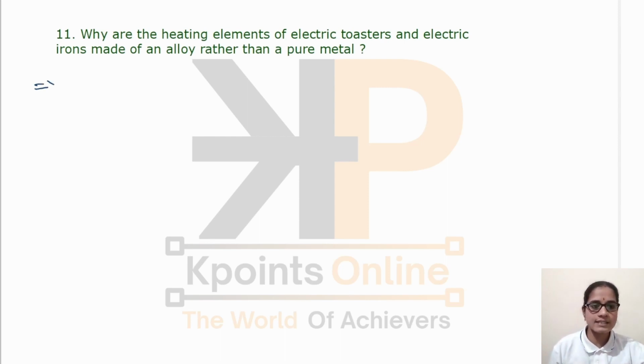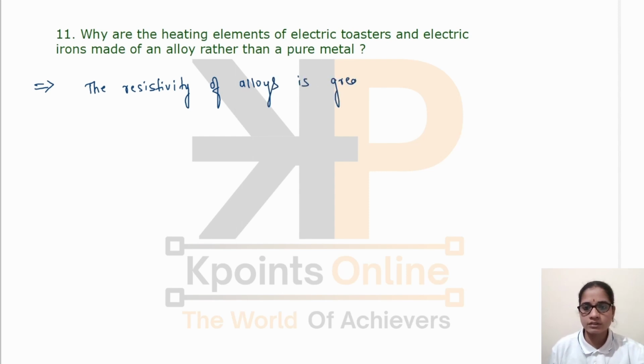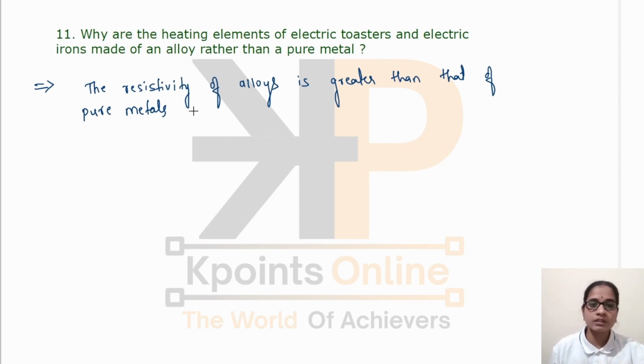The answer is, the resistivity of alloys is greater than that of pure metals, which are present in the alloy.